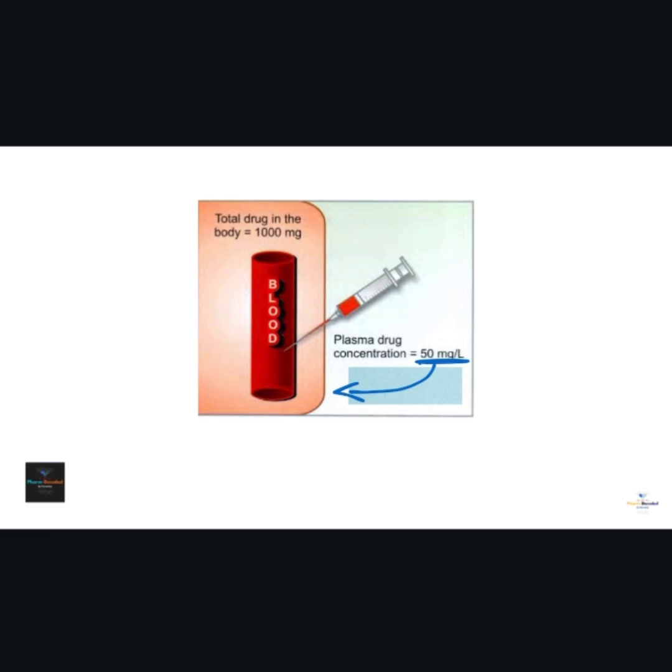Here the administered dose is 1000 milligram. We have to find out the volume in which the 1000 milligram is distributed. That is the volume of distribution. And it is known that 50 milligram per liter is the plasma concentration, which means that 50 milligram is present in 1 liter of the plasma.